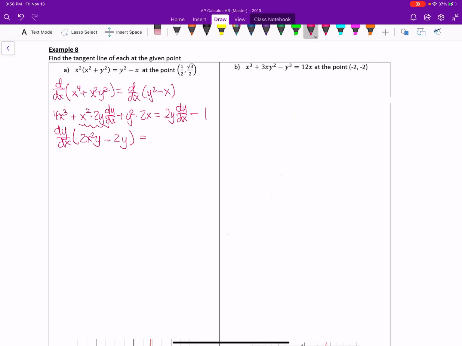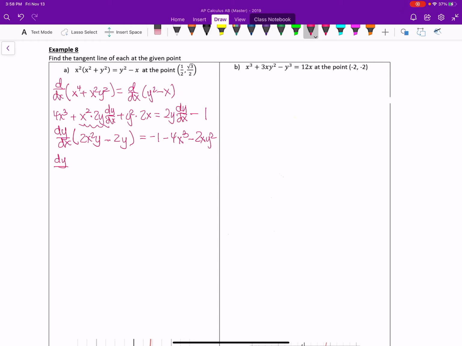So it is going to be negative 1 minus 4x cubed minus 2xy squared. And then divide both sides by 2x squared y minus 2y.